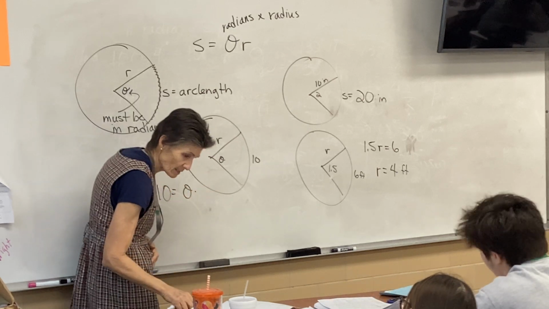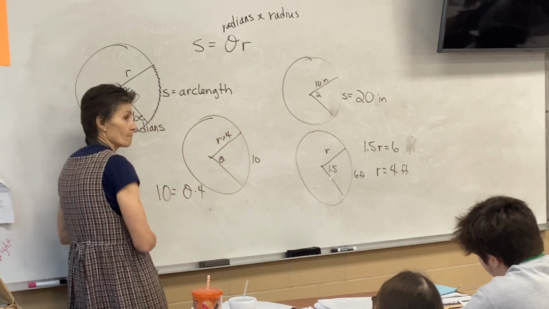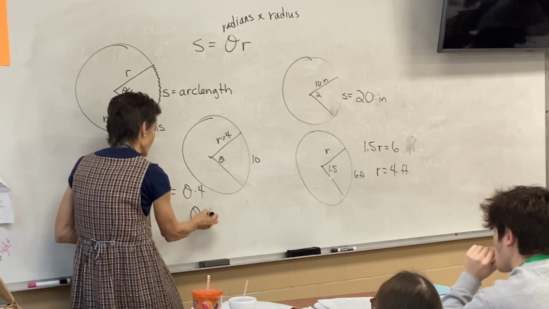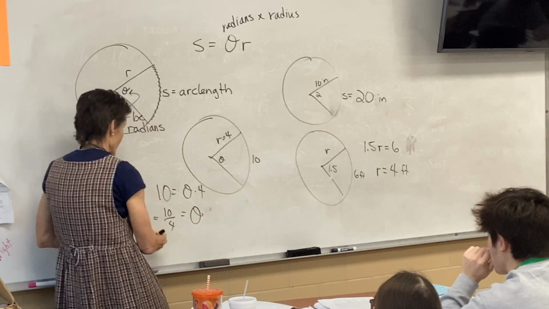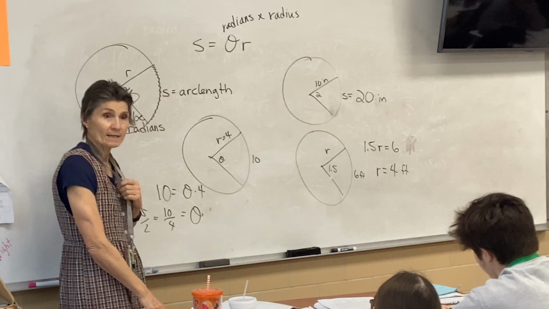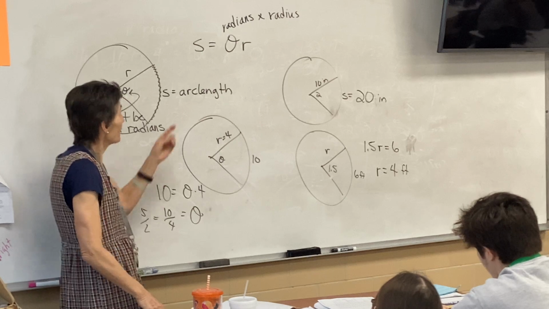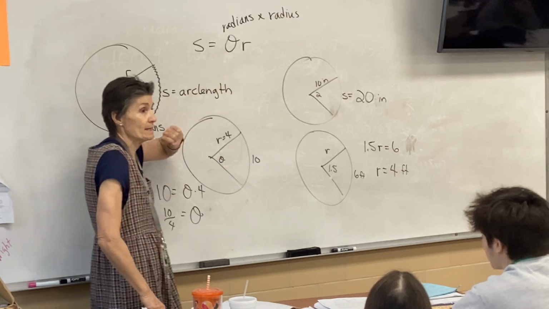Oh, what was my radius? 4. So what's my angle? 2.5. 5 over 2, 2.5. And that would be 2.5 what? Radians. Because every time you use this formula, theta, the angle, is in radians.